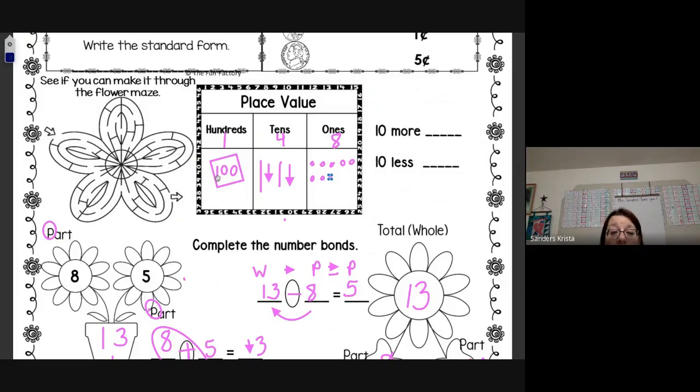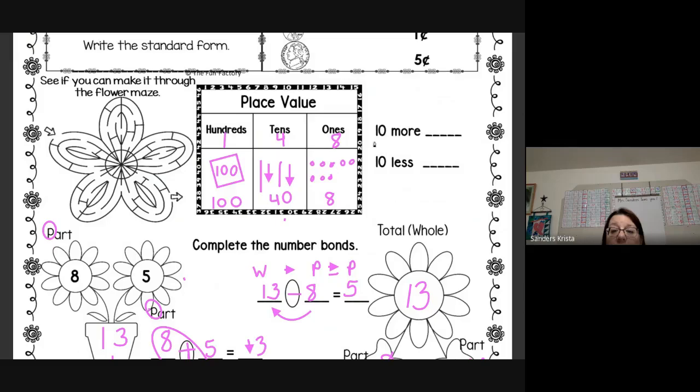So we have 100, 4 tens, and 8 ones. This has a value of 100 for the hundreds place, 10, 20, 30, 40 for the tens place, and 8 ones for the ones.